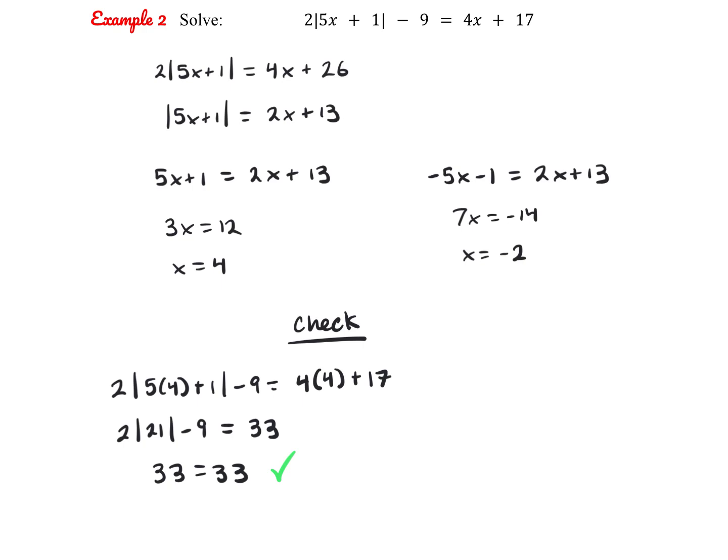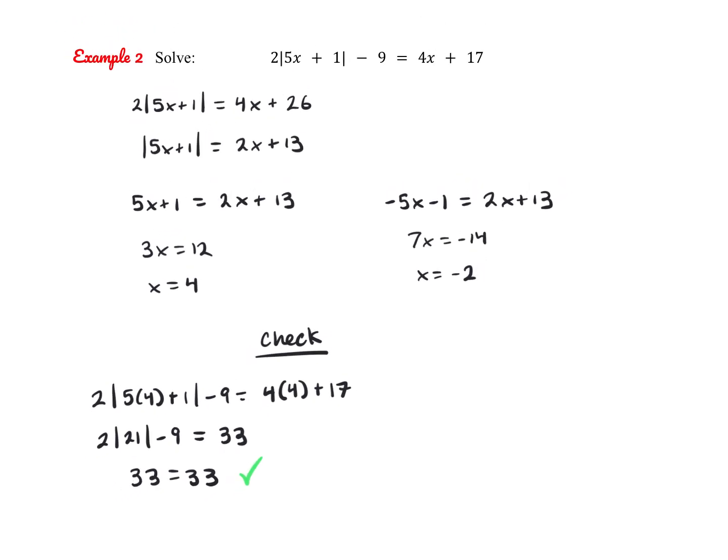Now let's check x equals negative 2. So here, I'll go back to the original equation, or you can use any of these forms as well. If you use the original equation, you know that you haven't made a mistake yet. It's very possible that in one of these steps, maybe you made a mistake. So if possible, I would try to use that original equation. So here, 2 times the absolute value of negative 9 minus 9 equals 9.